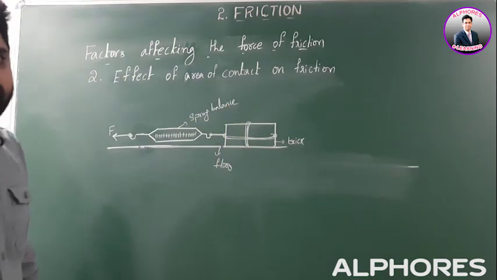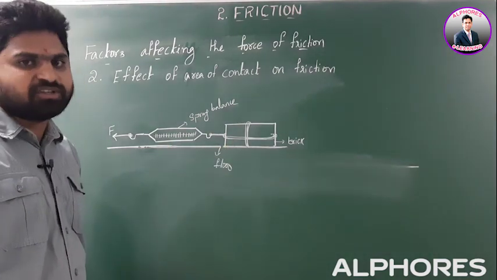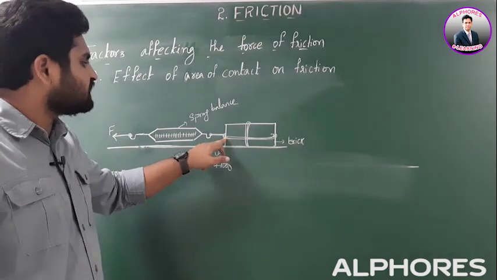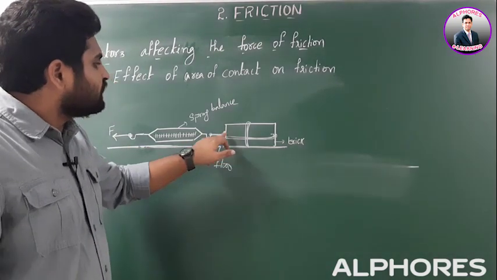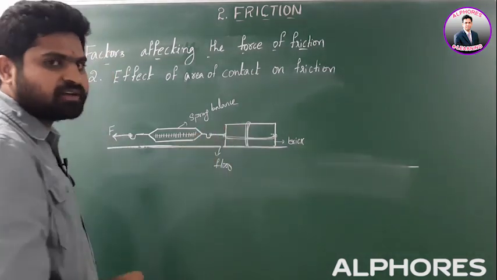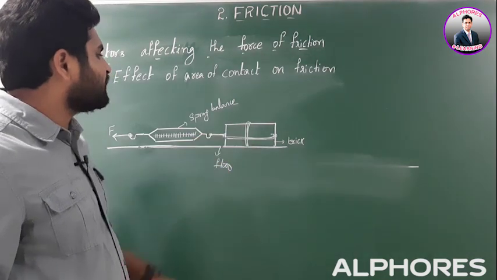Look at this arrangement. I have taken a brick and a spring balance to do this activity. Now arrange the string around this brick. You can see I just surrounded a string around this brick.